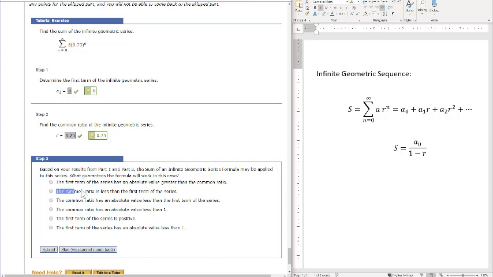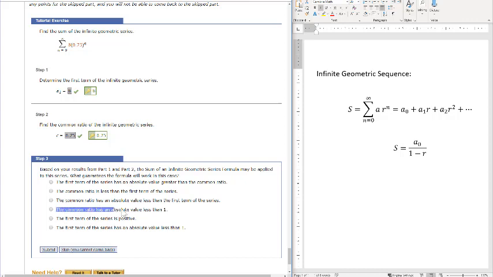The common ratio is less than the first term of the series. I don't think that's the right one either, because we're not comparing the common ratio with the first term. The common ratio has an absolute value that is less than the first term in the series. That's not what we want either.